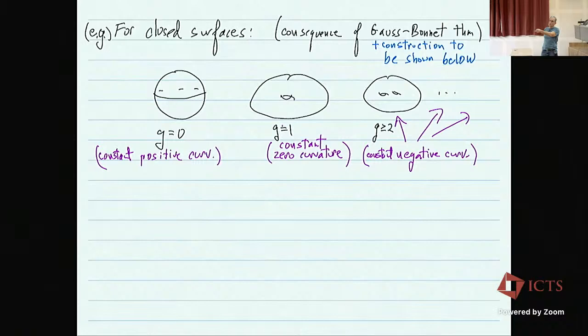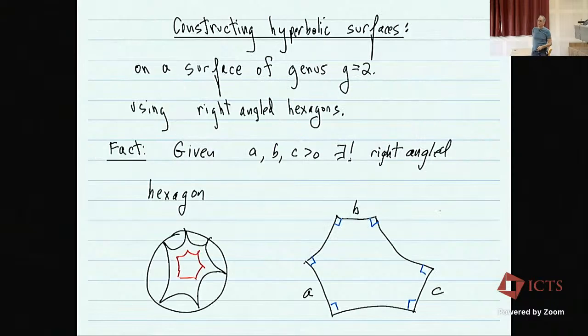Same here in genus 2, Gauss-Bonnet theorem says if you want a constant curvature metric, it has to be -1, but it doesn't say that one exists. So that's why I'm going to tell you a little bit now of a construction. And this construction is very hands-on. The reason why I like this is because it gives you a flavor of one way people look at hyperbolic surfaces.